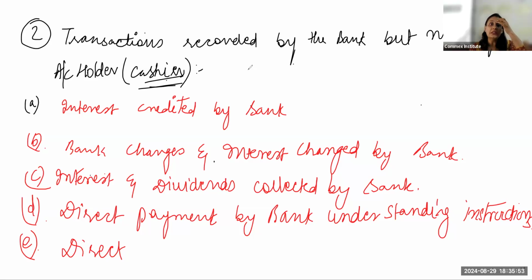Not immediately. Okay, he is informed when the bank statement arrives. So bank statement will arrive in due course of time. तब तो वो भी रिकॉर्ड कर लेगा जैसे ही उसको पता चलेगा. अगर उसको पहले पता चल गया है ना, तो वो पहले ही रिकॉर्ड कर लेगा. Definitely, banker will intimate the cashier of all these transactions. Definitely, he'll intimate.